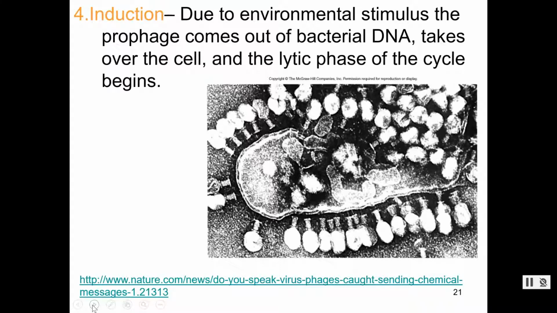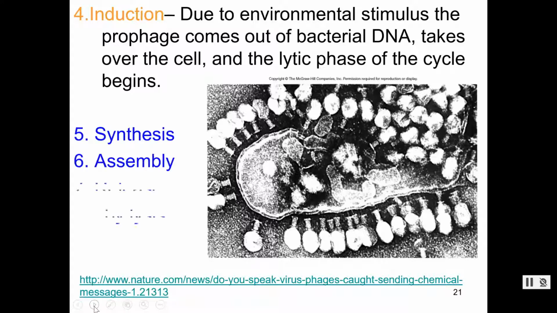It can stay that way for a long time, but at some point, there may be an environmental stimulus that's going to cause the prophage to excise itself, come out of the bacterial DNA. And then when that happens, it goes right back into synthesis, assembly, and release. It goes right back into those lytic phases of the cycle.